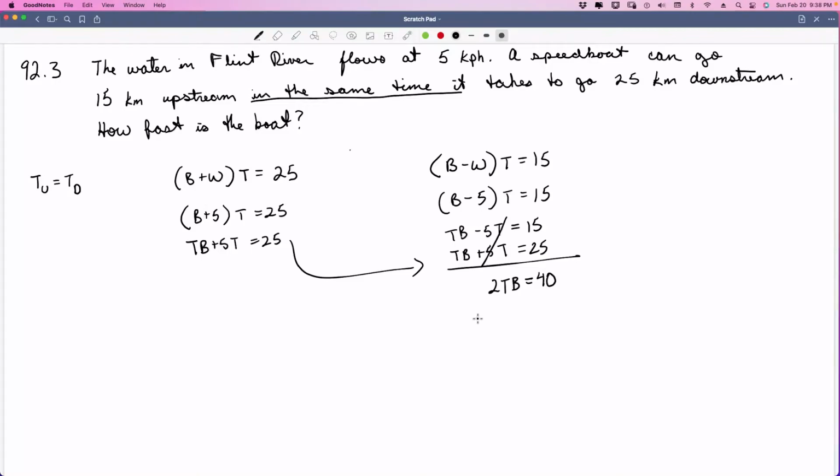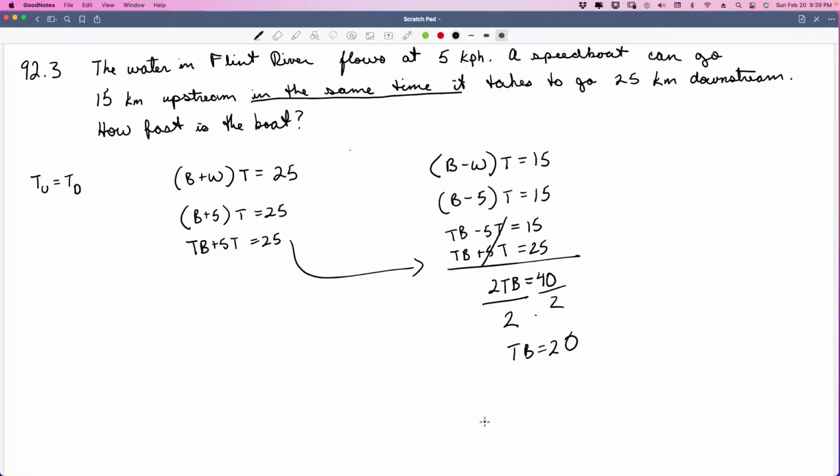All right, so now I am going to divide by 2, and I get that the time times the boat is equal to 20, which doesn't tell me anything. I still have the time times the boat. I don't know how fast the boat was going.